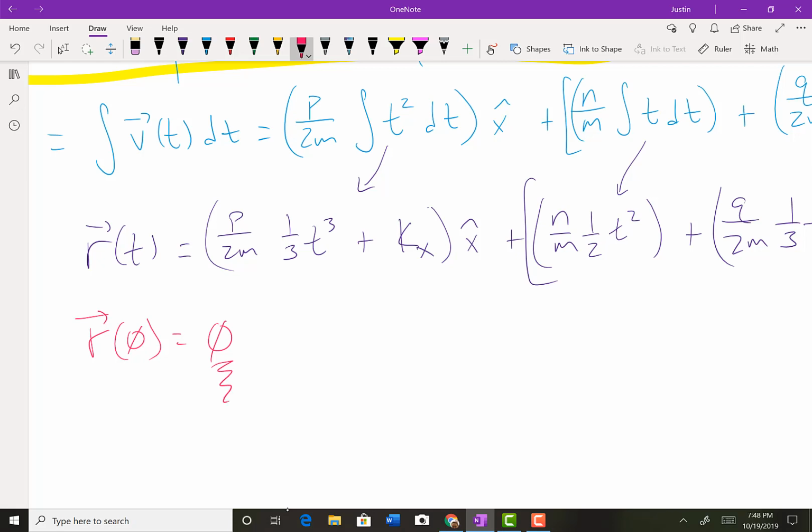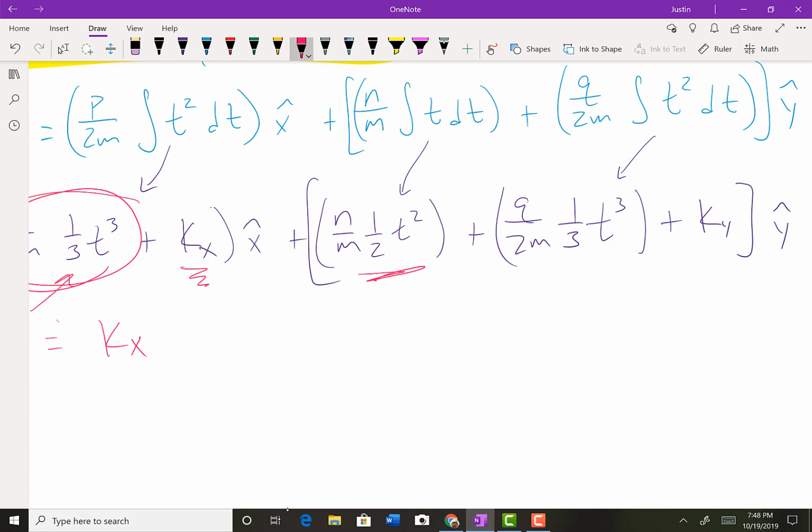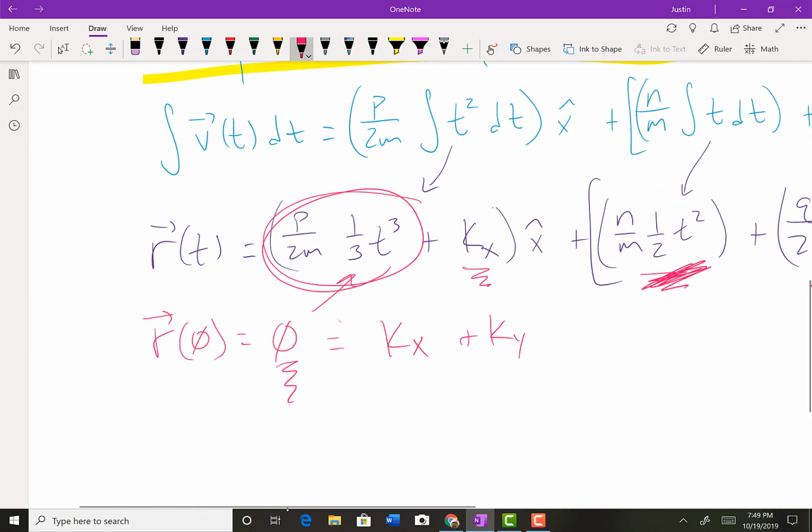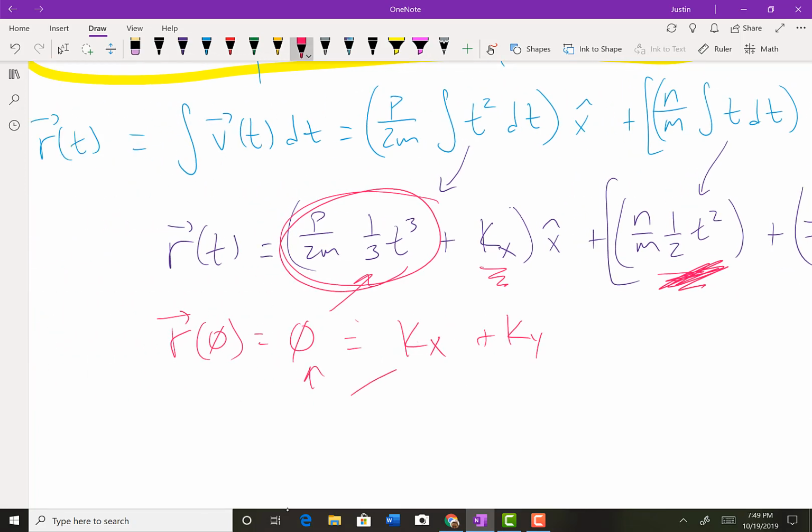I can just see here, if t equals 0, it's going to cancel all this stuff out. So it's just going to give me kx. And then again, if t equals 0, all this is going to go, leaving me with just ky. And so if the position is 0 in the x direction and in the y direction, that means kx equals 0 and ky equals 0.